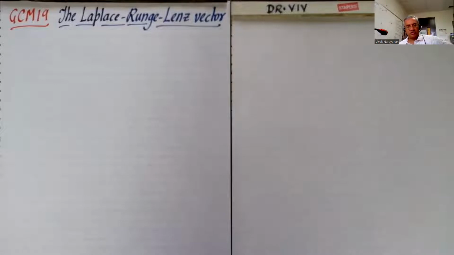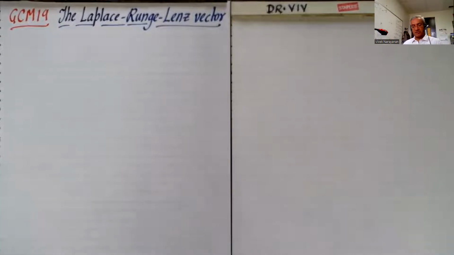So today's lecture is about the Laplace-Runge-Lenz vector, which was discovered as one of the central aspects of symmetry in the Kepler problem. So let's start with some history.